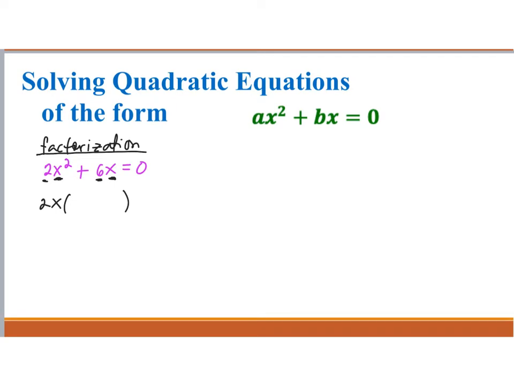the next step will now be to divide each term by the common factor, starting with 2x squared divided by 2x. The 2 will cancel out here, and x squared divided by x to the power of 1 is just x. So we have x here.